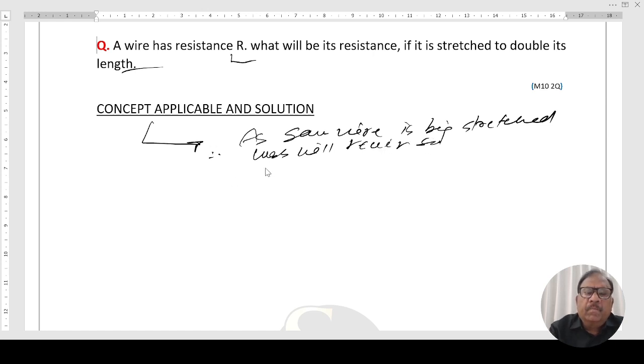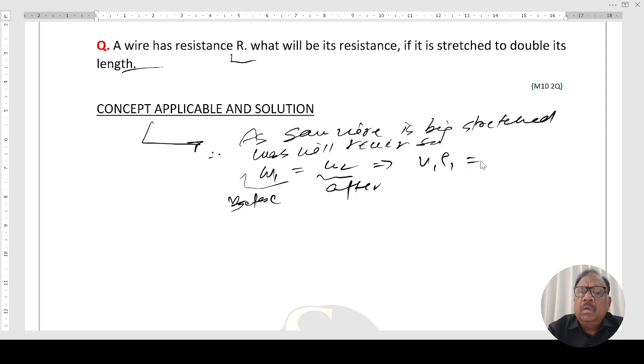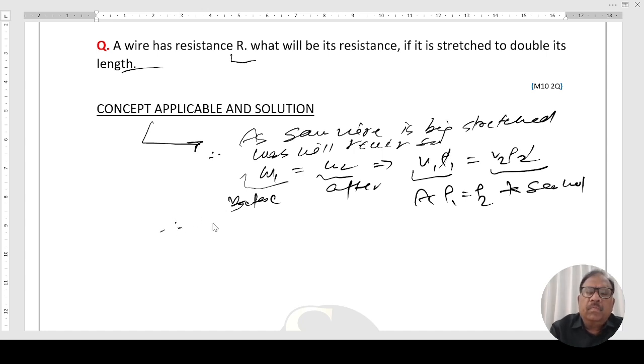Therefore, M1 equals M2, before and after stretch, that is V1 rho 1 equal to V2 rho 2. This is before, this is after. As rho 1 equal to rho 2 for the same material, therefore A1 L1 equal to A2 L2. This comes out to be L1 over L2 equal to A2 over A1.